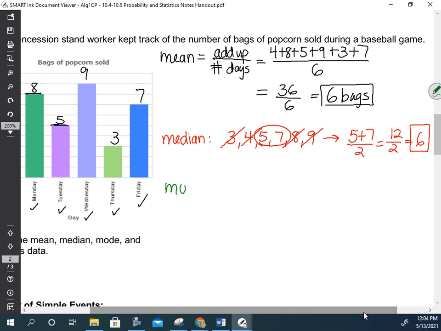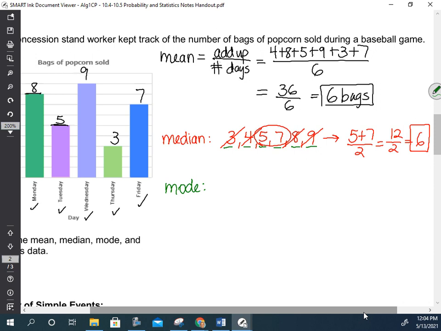Mode. So 3 showed up once, 4 showed up once, once. Is there anything that stood out over anything else? No, nothing repeated.